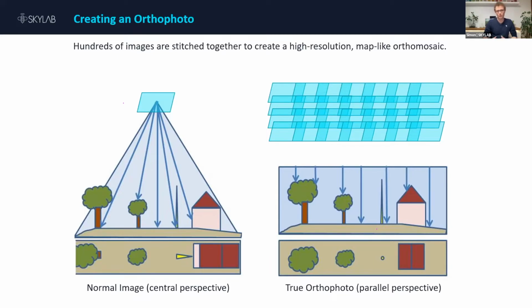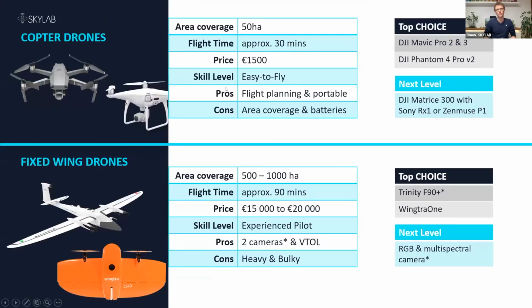And before we move on, I want to ask a question. Do you work already with drones in your company? Do you work with multiple drones in the company? Do you have just one drone? Maybe you have just one drone, but not working with orthophotos, or you have no drone but are maybe thinking about one, or you are not planning on doing so.